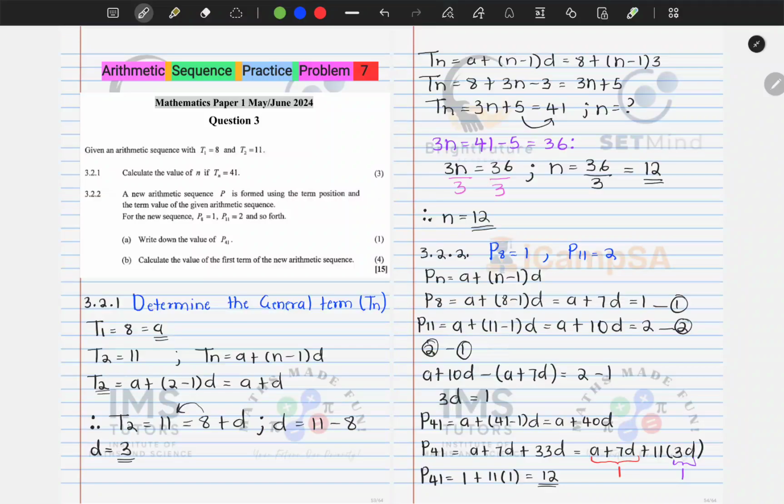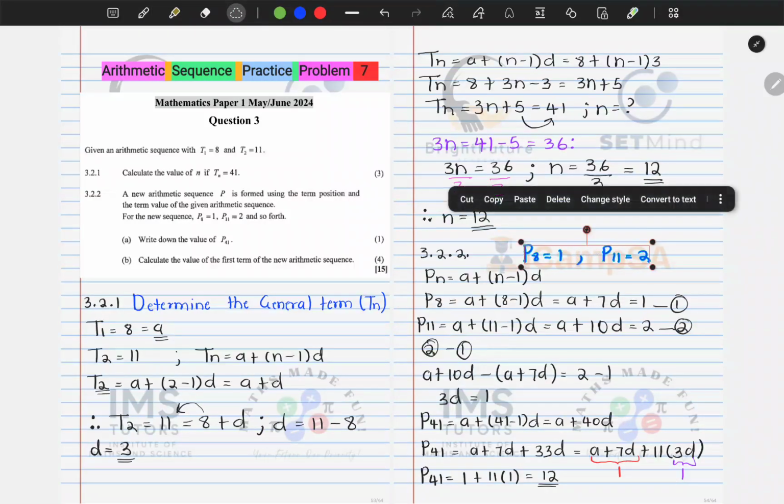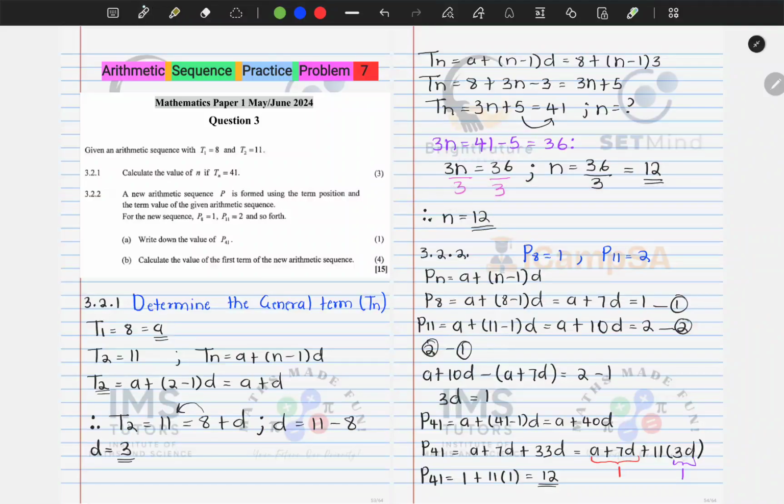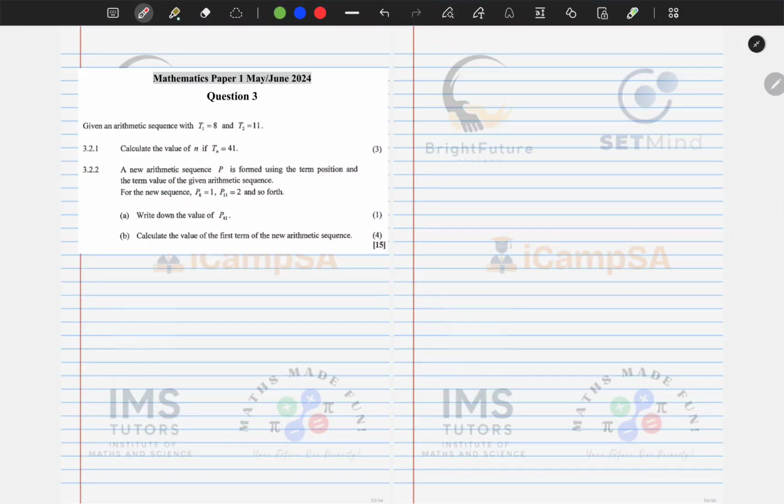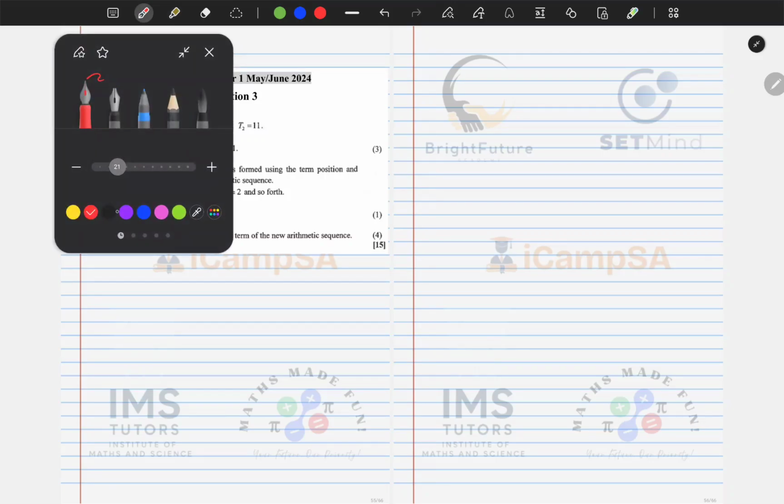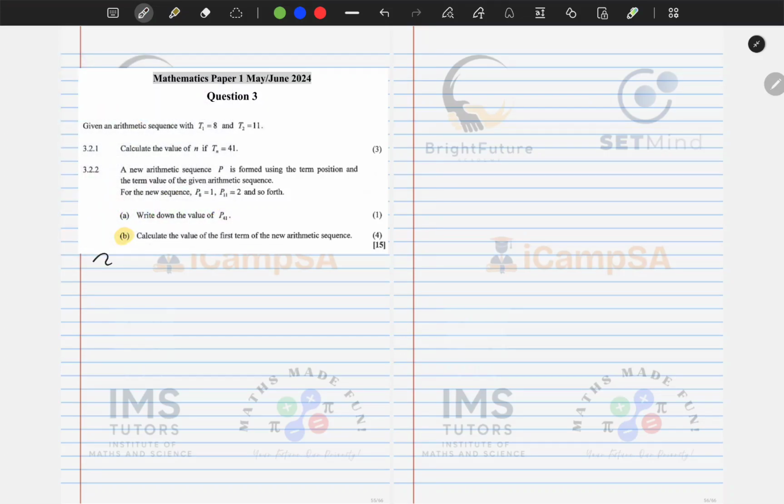So let's go to question B. This was 3.2.2 question A. The question we're looking at now is B, where they are saying calculate the value of the first term of this new sequence.